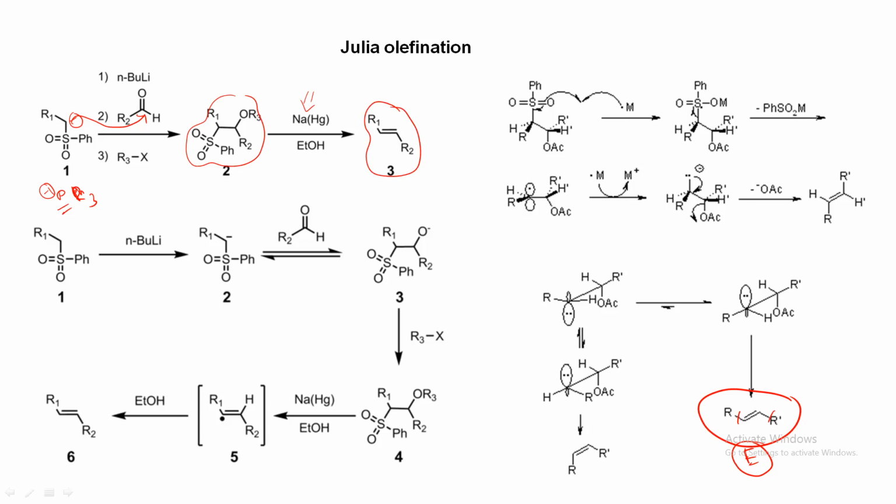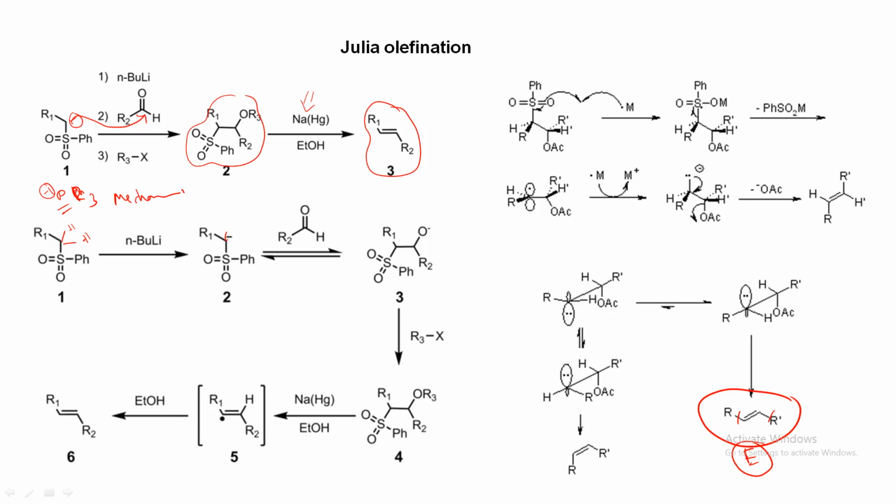So let's see the mechanism. At first, in presence of butyl lithium, one alpha hydrogen is abstracted. As you can see, both hydrogens are very acidic, as the anion is stabilized by the SO2 sulfone group. So the anion is generated like this.